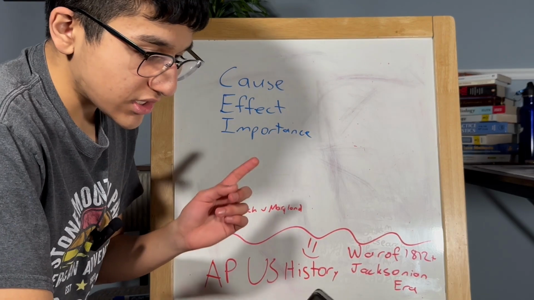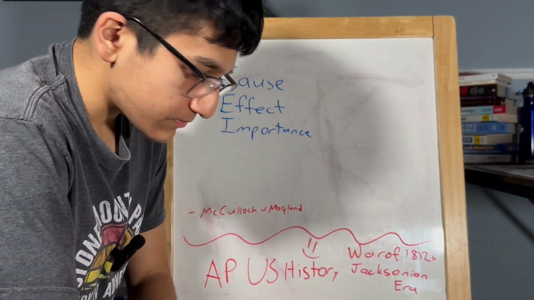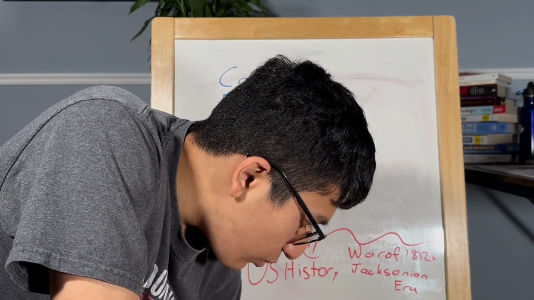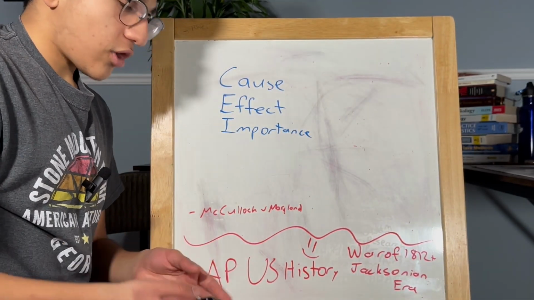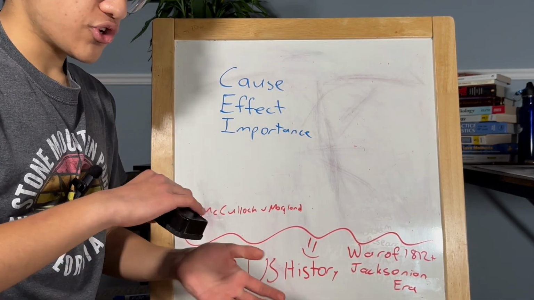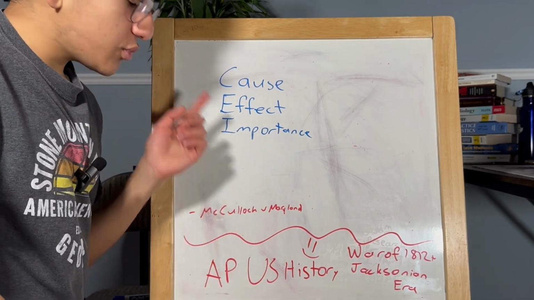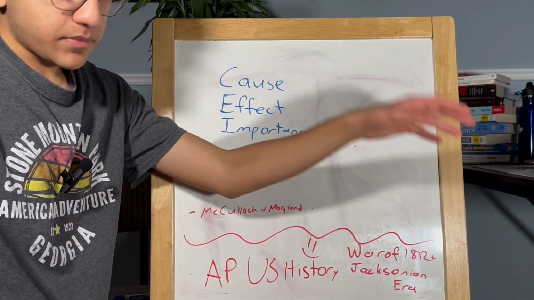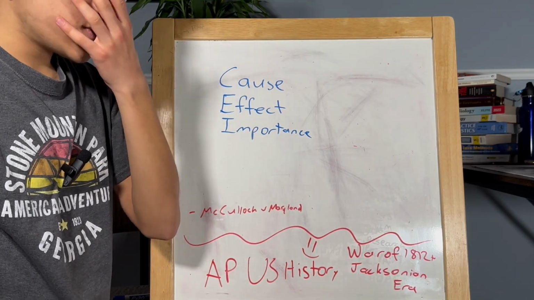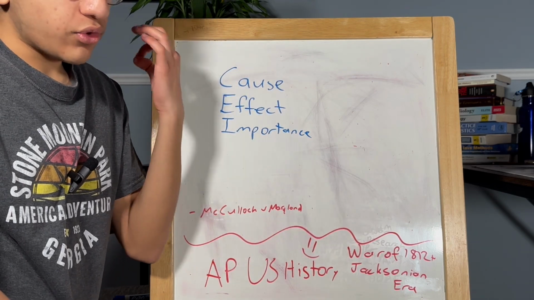And there's other cases. Another one I'll mention is Dartmouth v. Woodward. Pretty much Dartmouth College is a private college created by a charter, which was like a private contract between the king from before and the college itself. New Hampshire wanted to turn it into a public college.